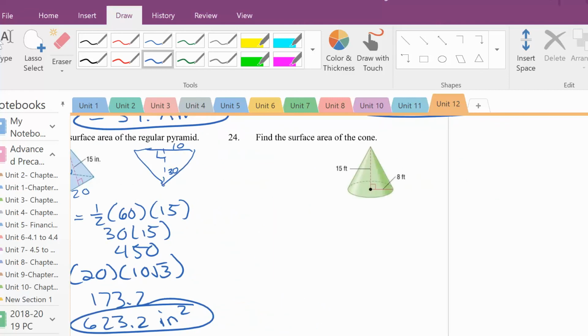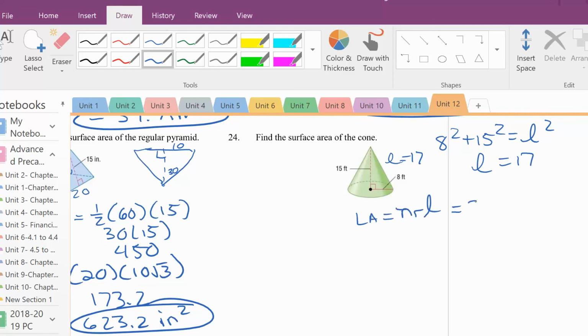Surface area of the cone, well, they give you this, so then you have to find the slant height. So 8 squared plus 15 squared equals L squared. When you do the Pythagorean Theorem, you're going to get the slant height is 17. So the lateral area is equal to pi RL.